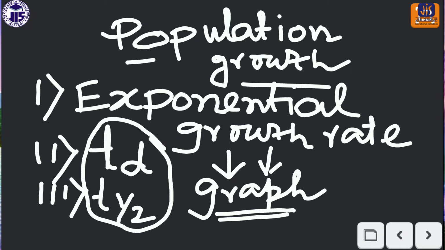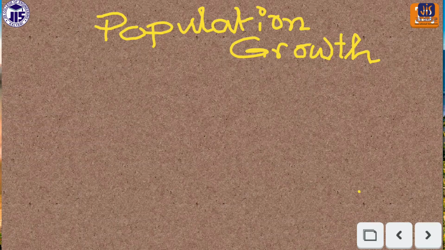Then we'll discuss the drawbacks of the result we get from the exponential growth model, and the limitations of the exponential growth curve. These things we'll also discuss in today's class. So let's start the class.